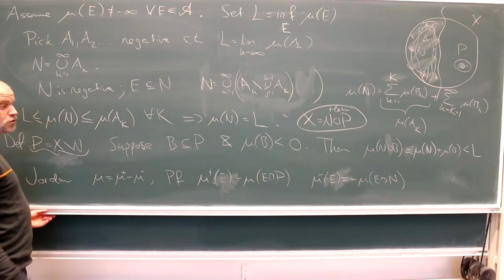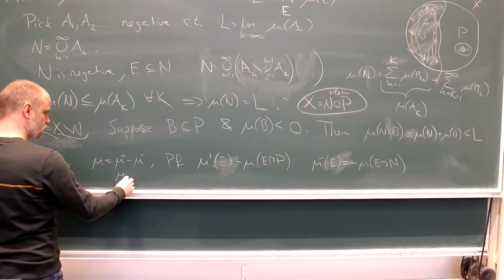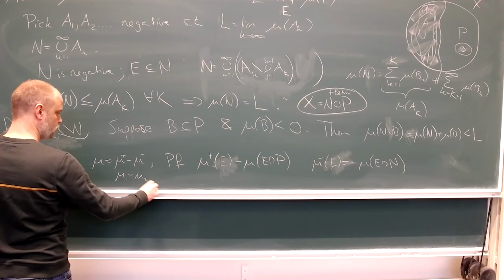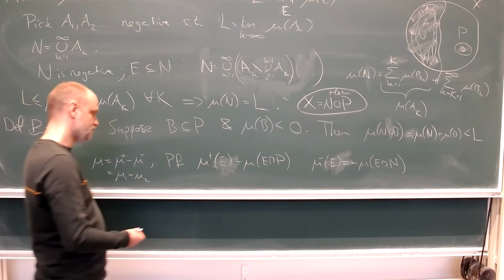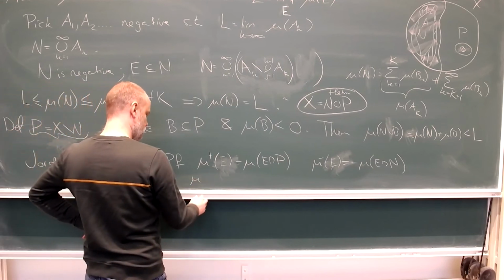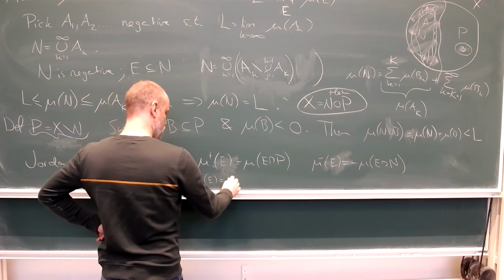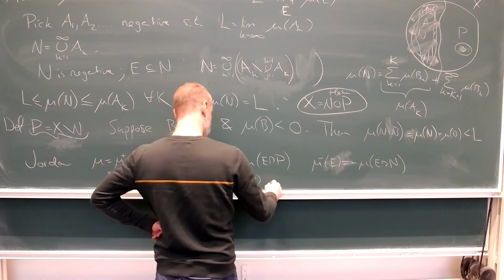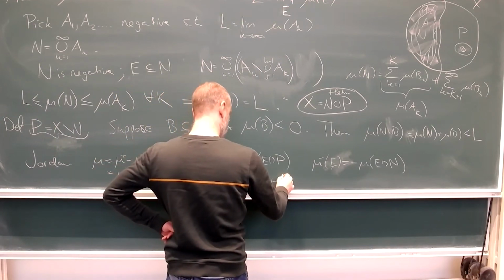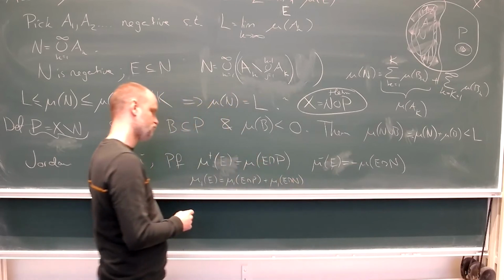And what about some sort of minimality? Well, that's almost immediate now. So if you have some mu1 minus mu2 also equal to mu, we want to show that mu1 is bigger than or equal to mu plus. Well, mu1 of some set E is equal to mu1 of E intersect P plus mu1 of E intersect the negative set.